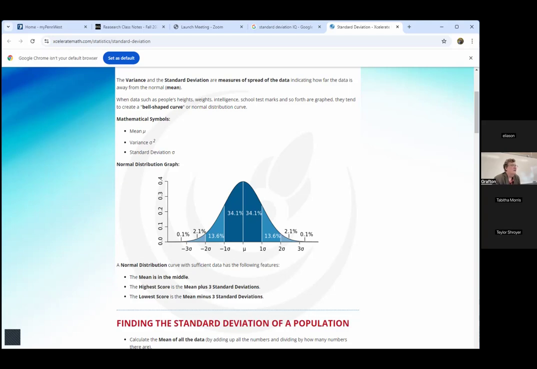All right. So if you look at these, so each section is one standard deviation from the mean or the norm.